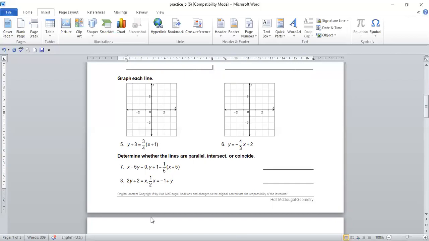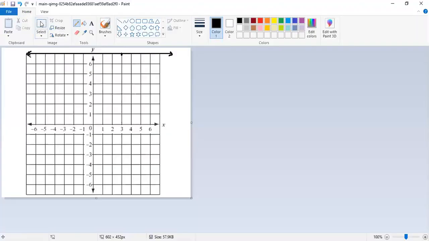So using this, let's graph the line. So your line has to be something like this. First, let's graph the point. So the point was 1 and 3. So point is going to be 1 and 3 here. From this point, you will be using the slope, which is 3 over 4, which means a rise of 3 and a run of 4.